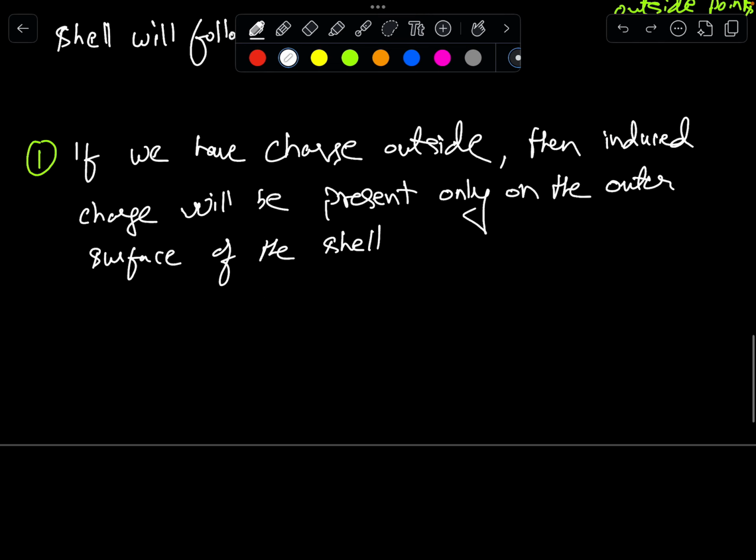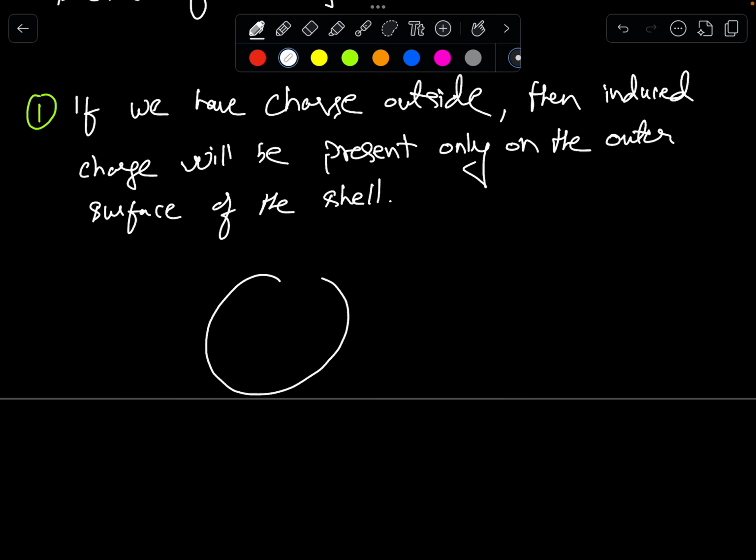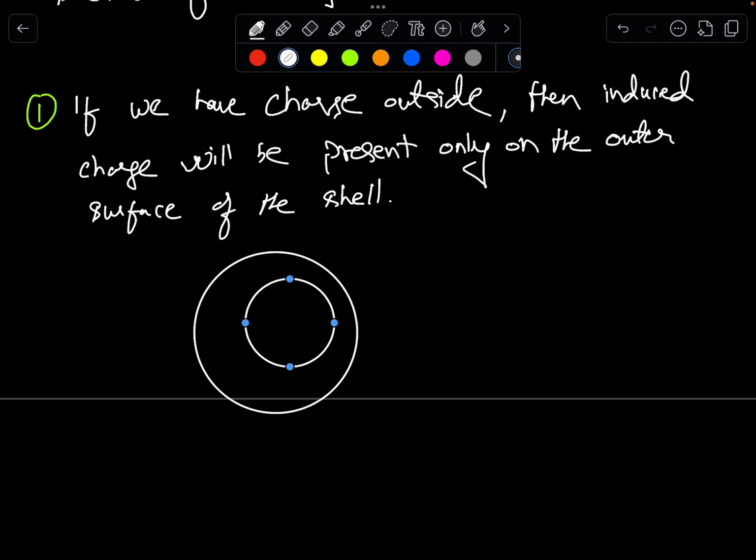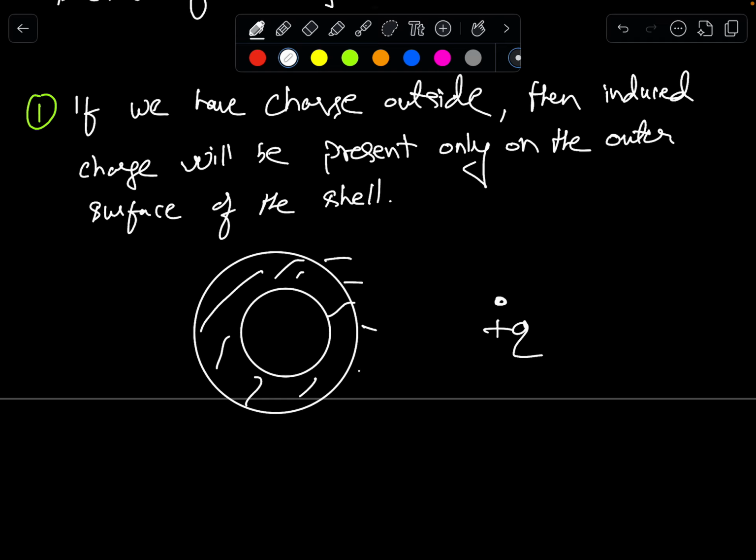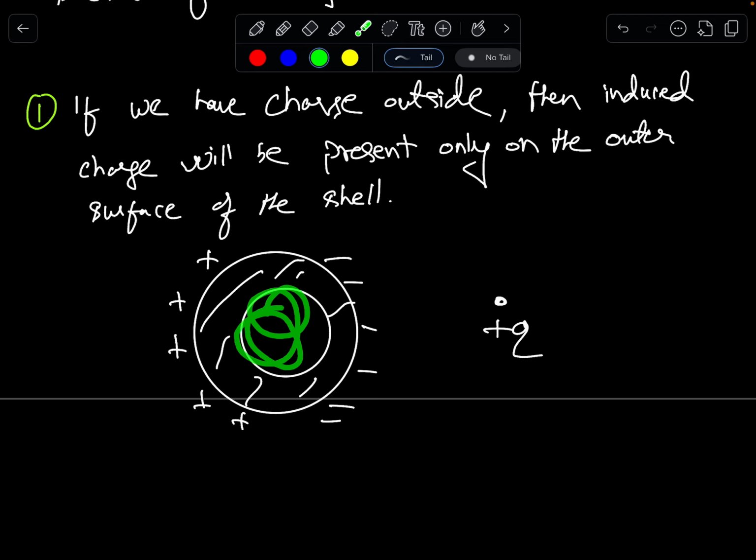You see, in the previous case, as we had seen, if I have a shell here and I put a charge plus Q here, then I will have an induced charge only on the outer surface of the shell. That means here we will have negative charge and on this side we will have positive charge. And this will ensure that the net electric field inside everywhere is 0. That we have already seen.